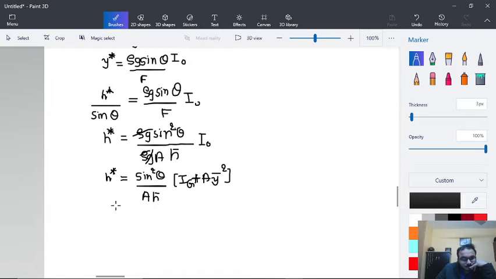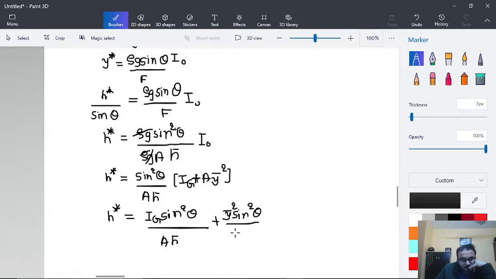So now H star is equal to IG sine square theta divided by A H bar plus y bar square sine square theta by H bar.